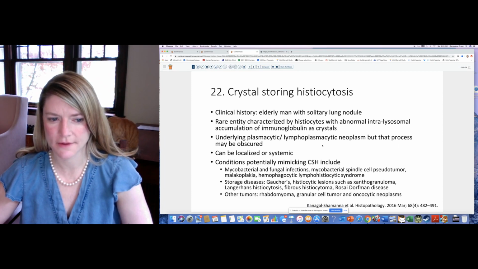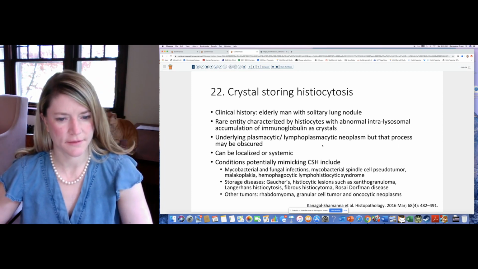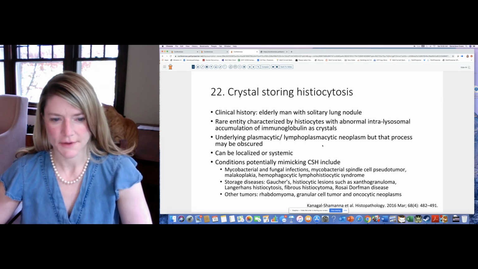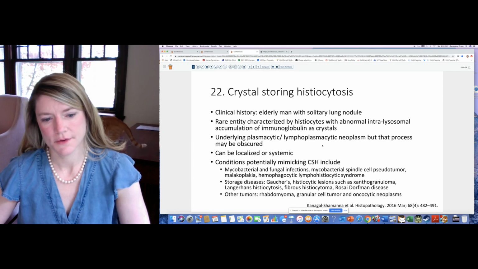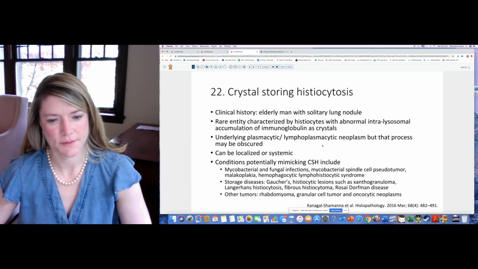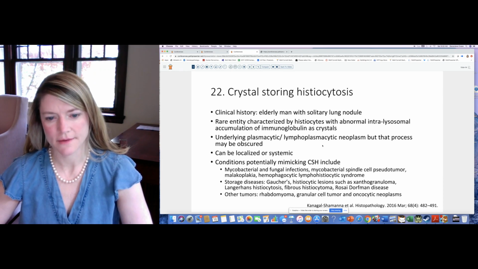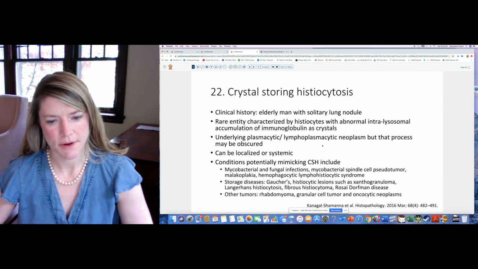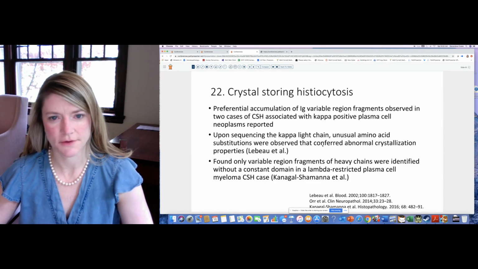Storage diseases, again, within the appropriate clinical context, could be considered, such as Gaucher's, or histiocytic lesions, such as xanthogranulomas. Other tumors, such as granular cell tumor, could potentially mimic crystal-storing histiocytosis in some cases. So definitely a diagnosis to make with some caution given its rarity, but it does have some very characteristic features.